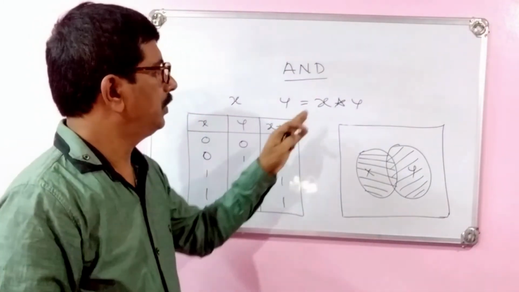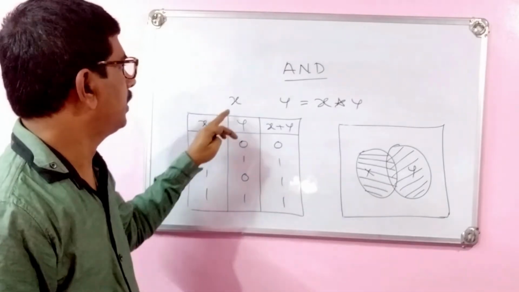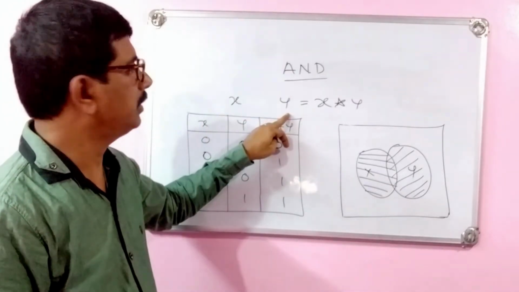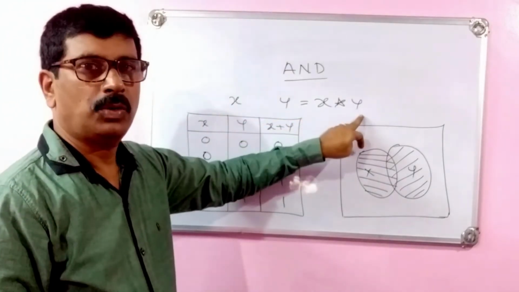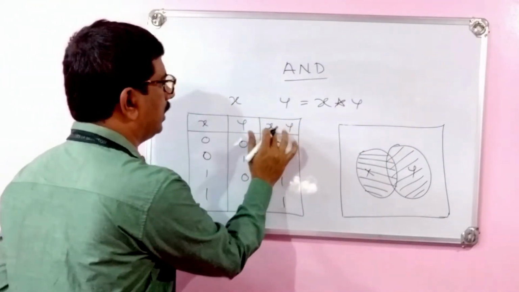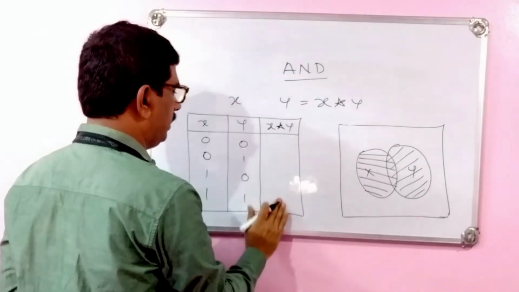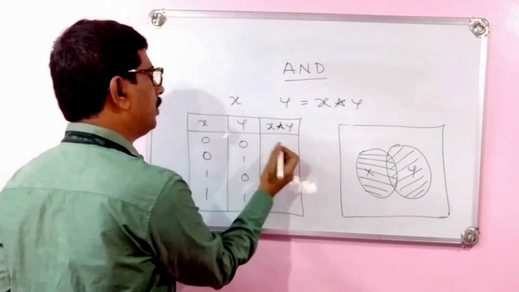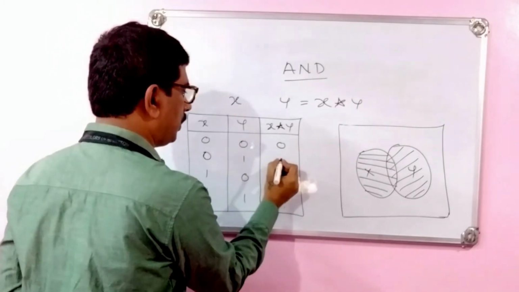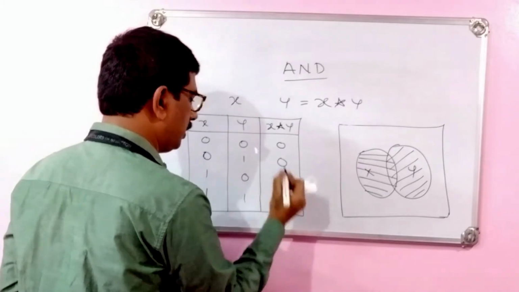In computers, we use the asterisk symbol as a multiplication operator. X into y is the result. So here we can take x into y, and the result is 0 into 0, 0; 0 into 1, 0; 1 into 0, 0; 1 into 1, 1.